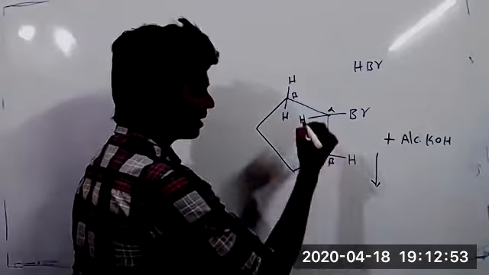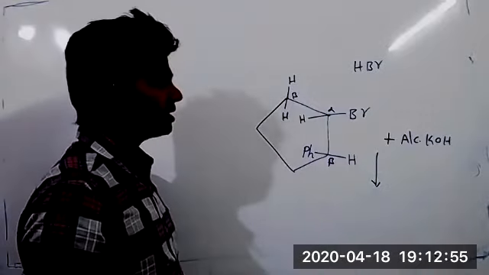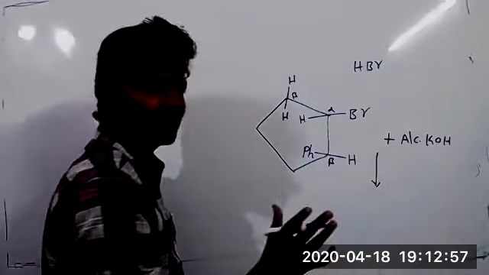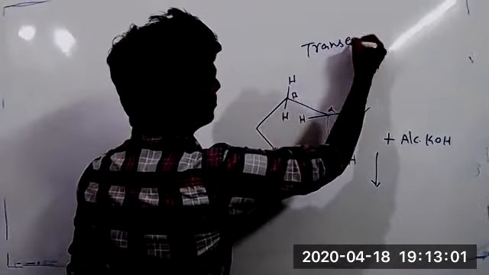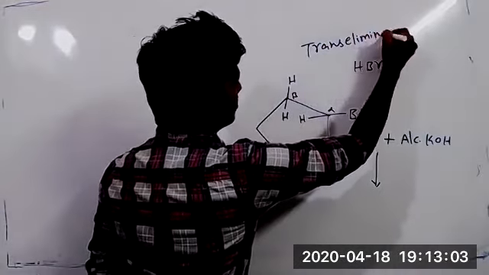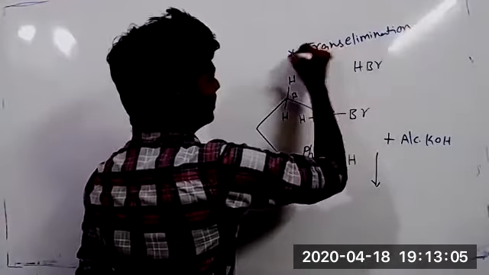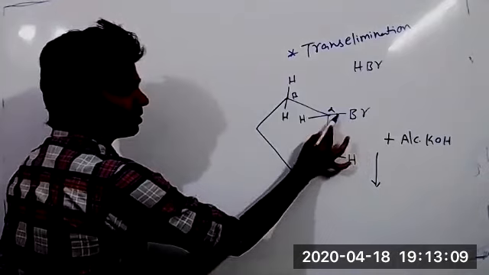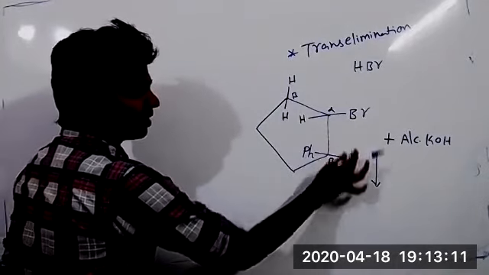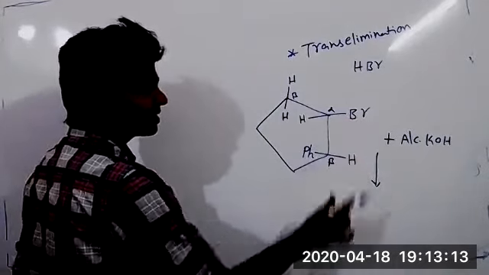This is also beta. But we already discussed this. During a beta elimination reaction, trans elimination takes place. See, bromine is here, hydrogen is this side. Are these two in trans or cis position?